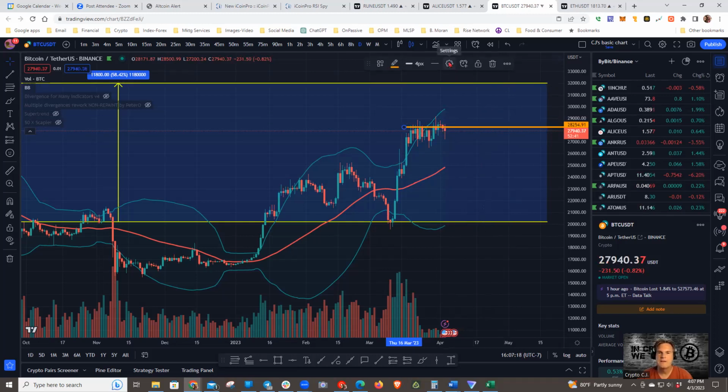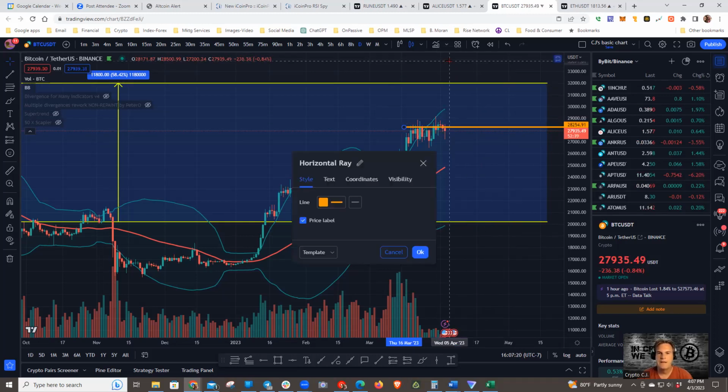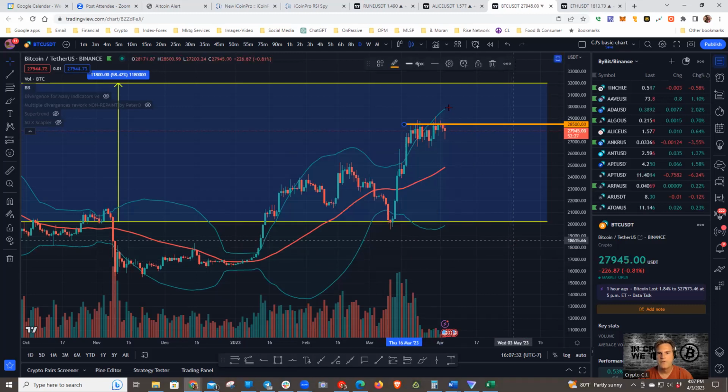So if I go to the settings button here, go to coordinates, it's like 28,254. That's not what I want. I want 28,500. Click OK. And now it goes back to 28,500 perfectly. That's where I want it. Right, that's great. Thank you. All right, glad I could help.